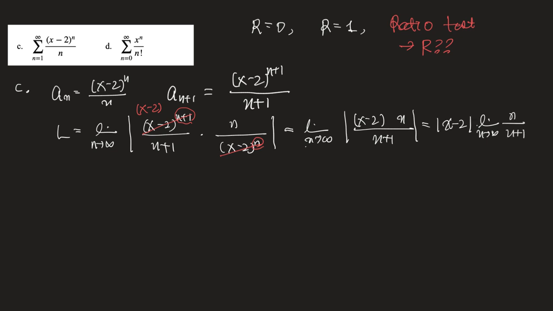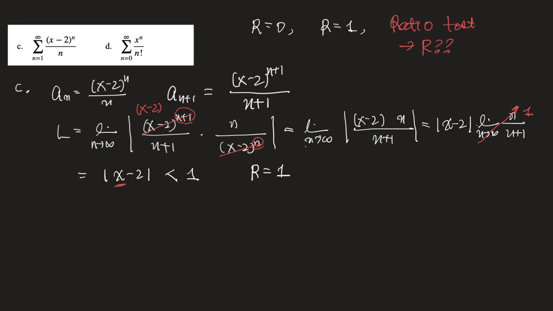Where does this limit go? It goes to 1. So we have the absolute value of x minus 2. That's the ratio test. So L should be less than 1. So we find the radius of convergence R is 1, because look at this one.